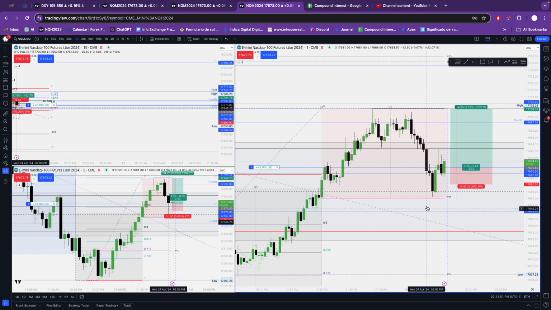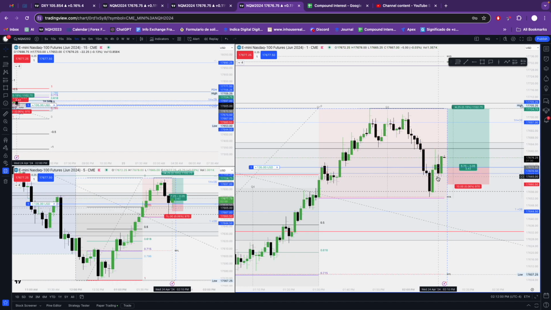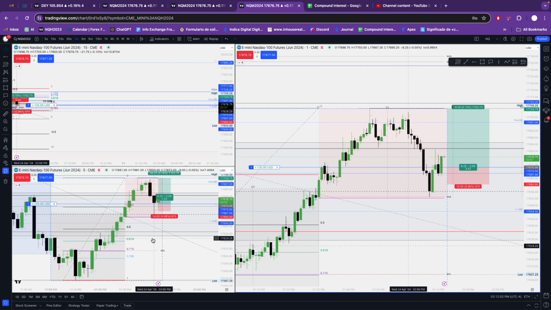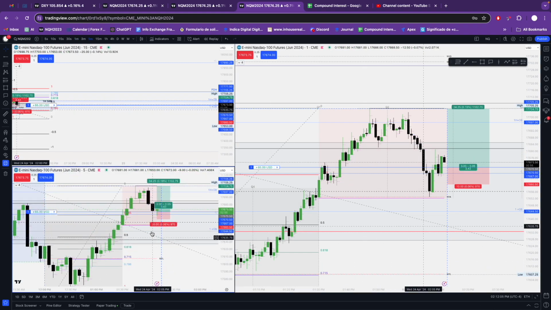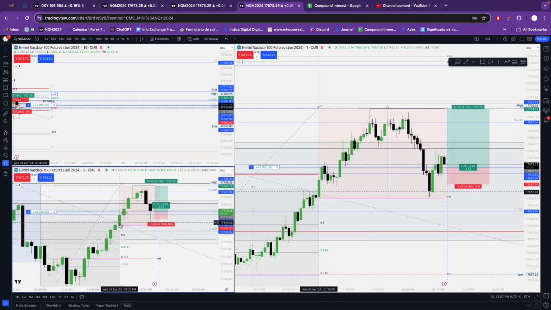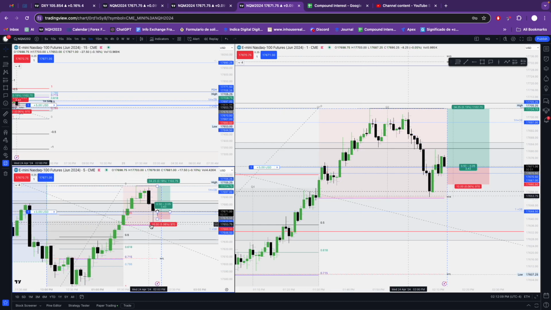This is a bullish short block right here. Came down to it. You know what I'm saying? Like price can come down here as it did. Now we're moving up, and we come down here on the 5 to the low of Q2.